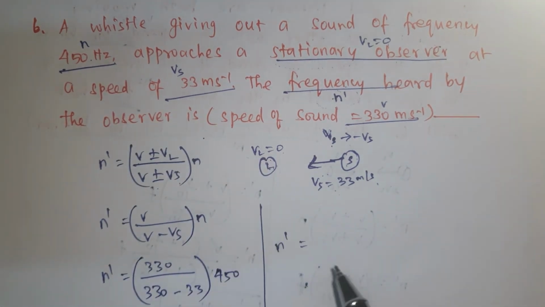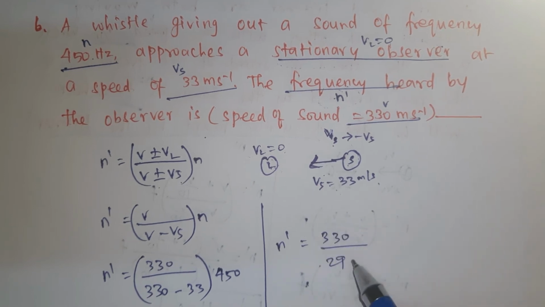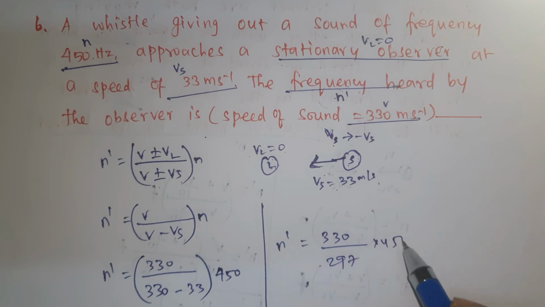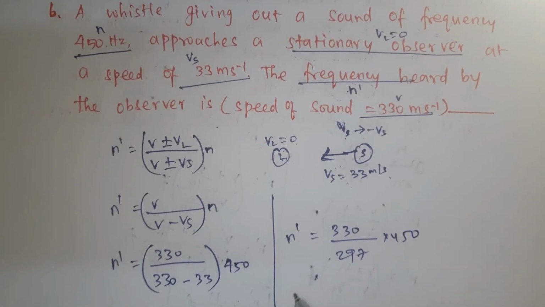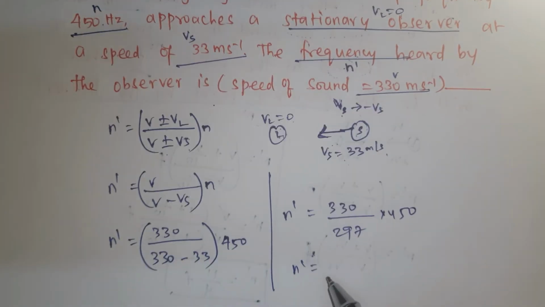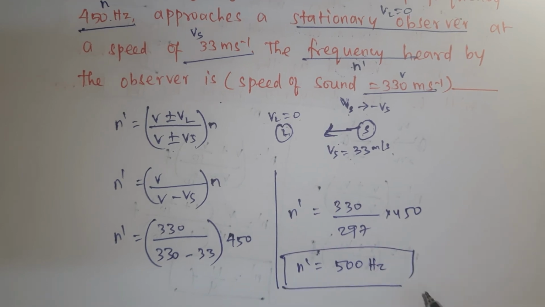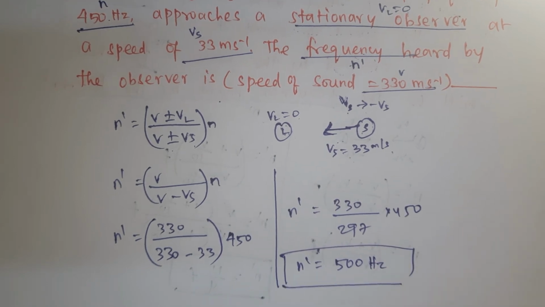So n dash is equal to 330 divided by 297 into 450. If we cancel the numerator and denominator, we get the final answer, n dash is equal to 500 Hz. So this is the frequency heard by the stationary observer. This is the answer.